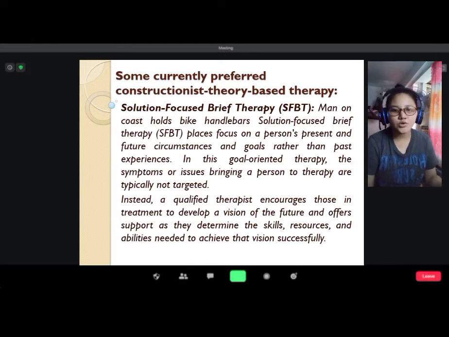This therapy is goal-oriented. It also involves first developing a vision of one's future.